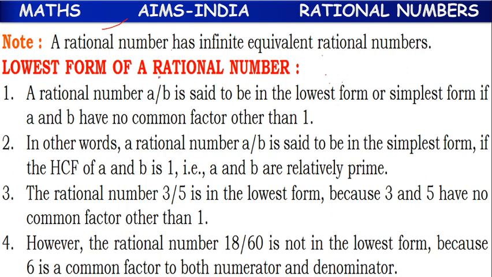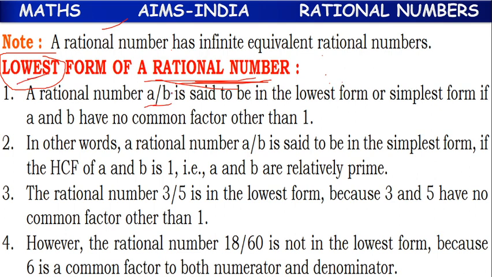Next. A rational number should always be expressed in its lowest form. Whatever rational number is given in the question or we have taken, it should first be altered into lowest form. What is the lowest form of a rational number?